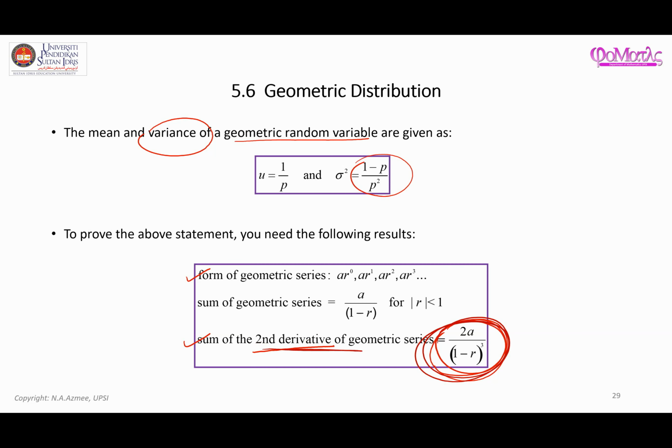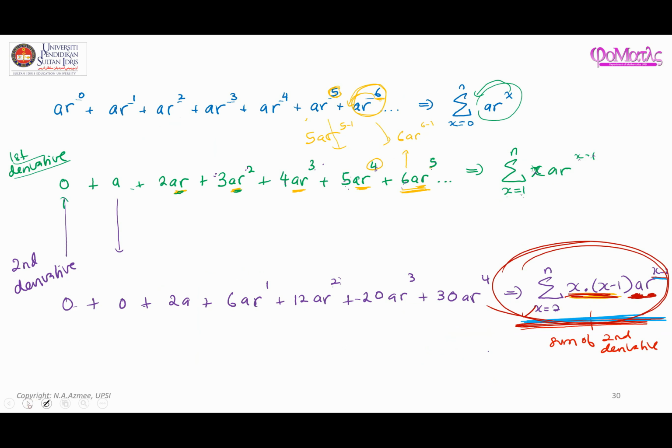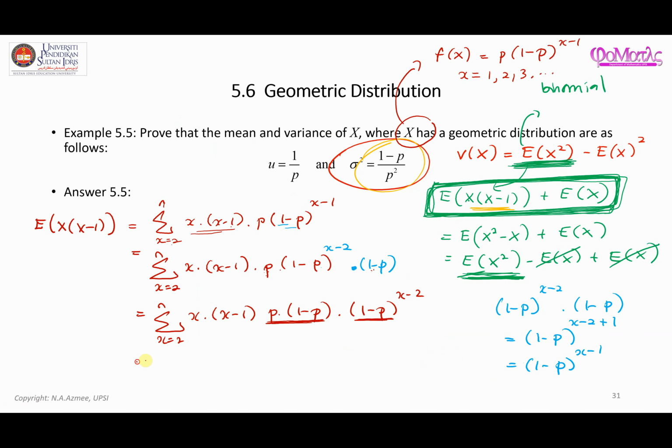The sum of the second derivative of geometric series is 2a over 1 minus r cubed. So what is a? A is this one, p(1 minus p). How do you know that this is a?